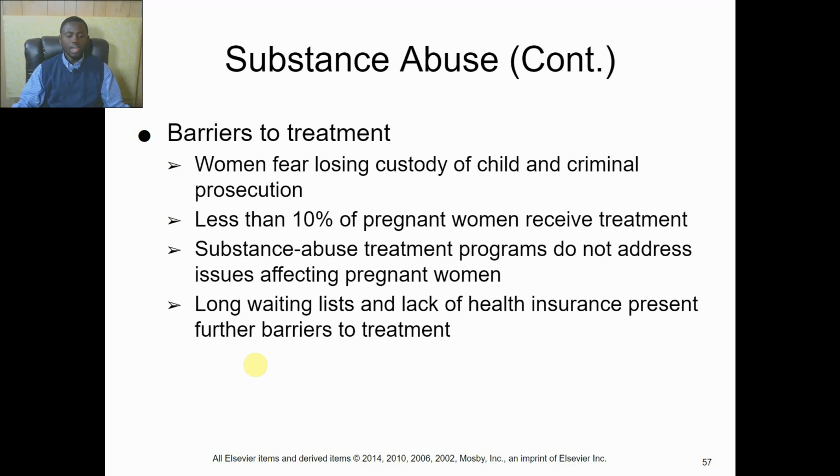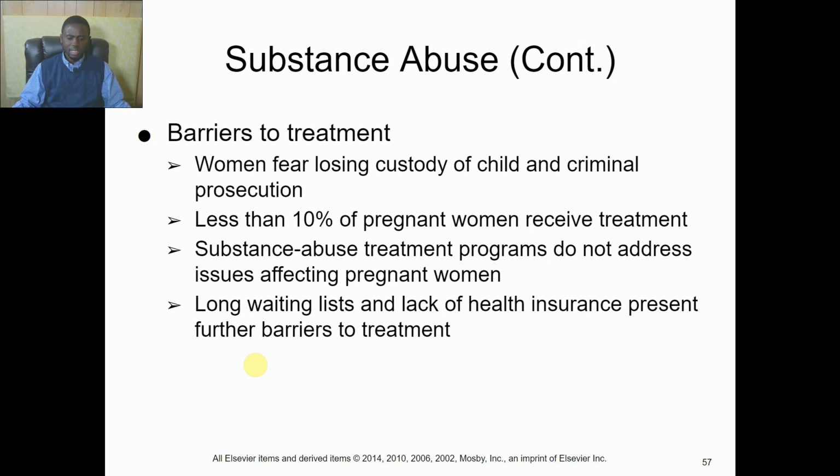All right. There are many barriers to the treatment of substance abuse in pregnant women because women will not come forth and tell you because of the fear of losing custody of a child or even for the fear of criminal prosecution. But you as the nurse have a mandate to report if there are any signs of substance abuse, especially illicit or street drugs, because we have to protect the child.